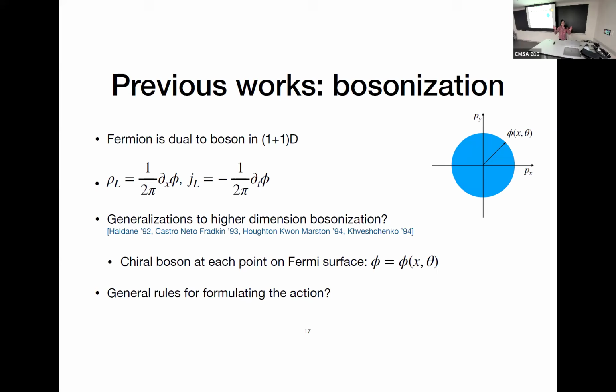What people have been doing is trying to decompose it into an infinitesimal number of 1+1 dimensional systems. And in each of the 1+1 dimensional systems, there are chiral bosons at each point of the Fermi surface. So one can ask the question: what are the general rules for formulating the effective field theory action?